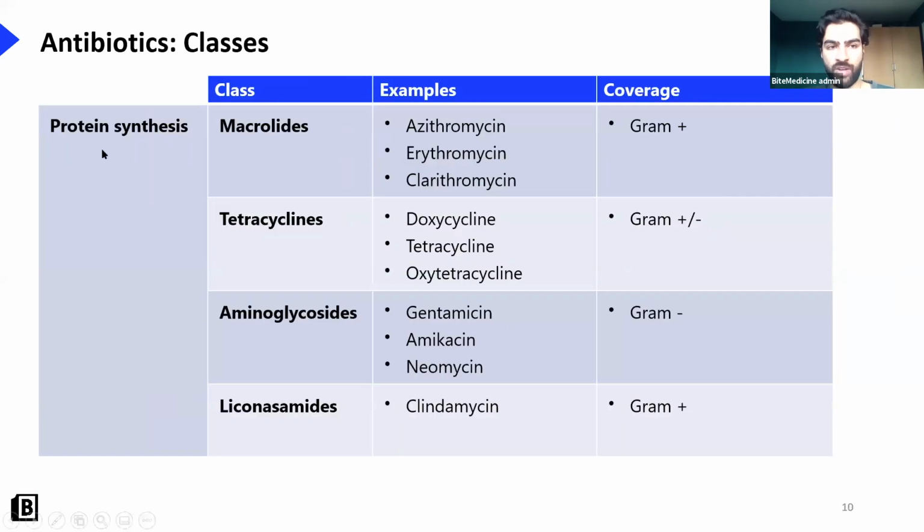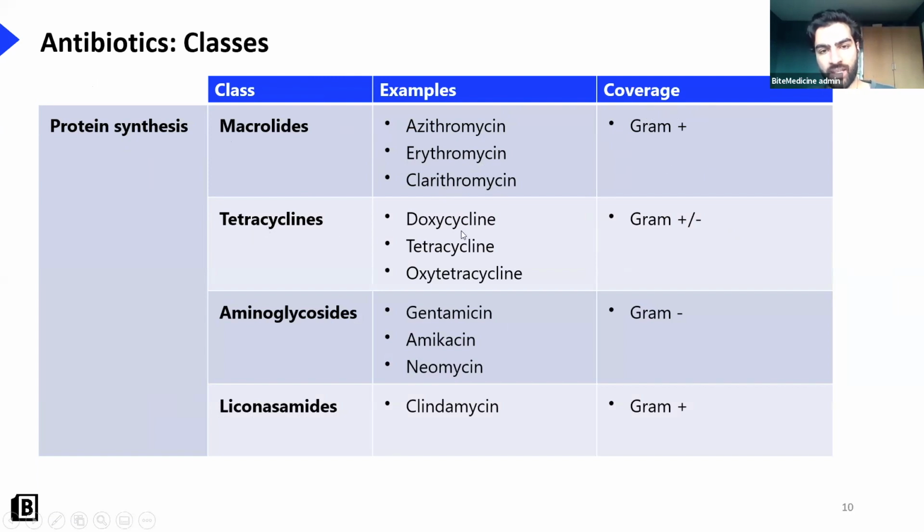Moving on to the next class, we have those antibiotics which block protein synthesis, so macrolides, tetracyclines, aminoglycosides, and lincosamides. Macrolides, they end in mycin, so azithromycin, erythromycin, clarithromycin, and they predominantly cover gram-positive bacteria. They don't have much activity against gram-negatives.